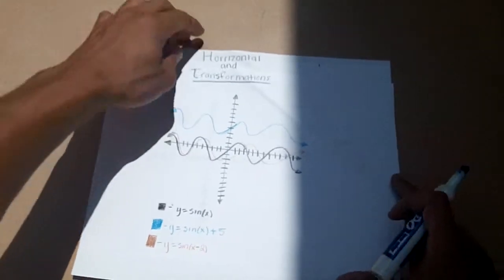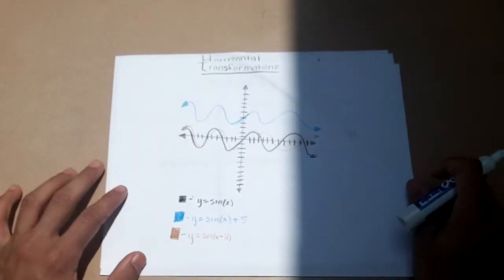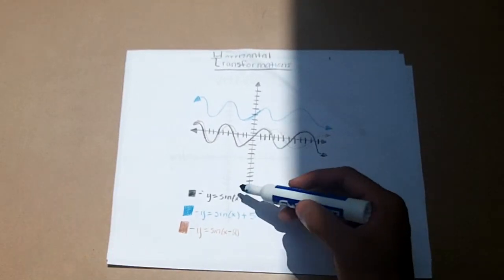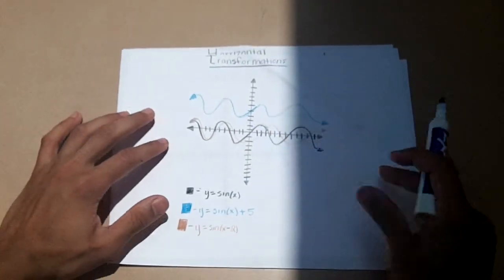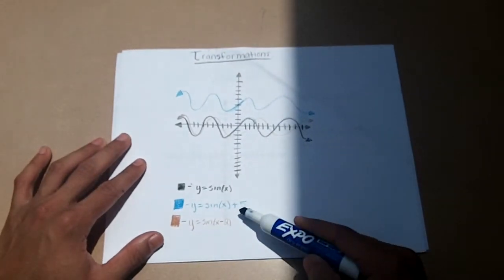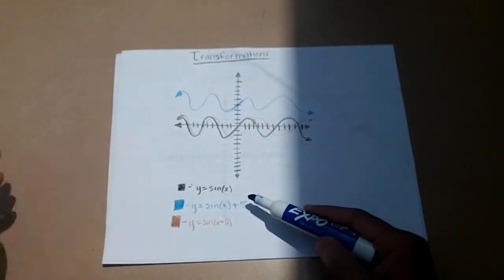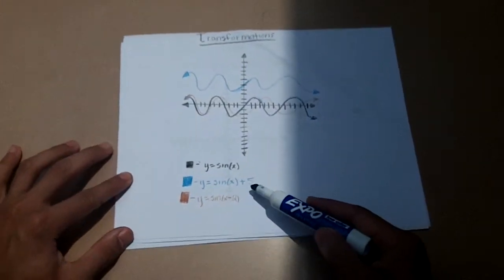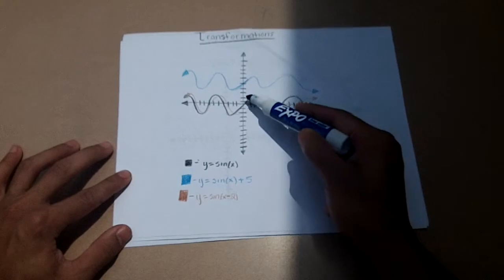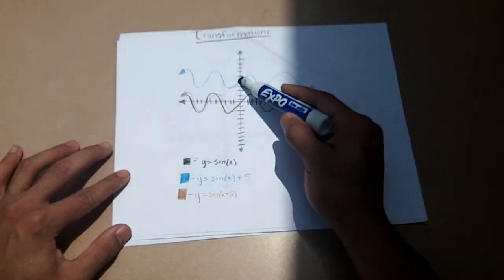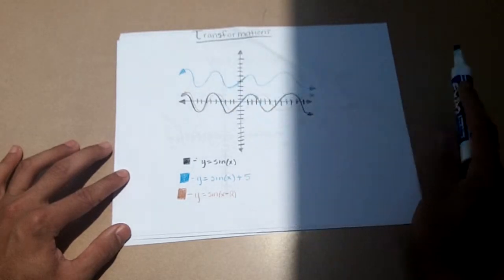Next is the transformations. As you can see, the black right there is the regular toolkit function. The one in the blue is transformed up 5 places. As you can see, the +5 right there, and all you have to do is move up 5 places. 1, 2, 3, 4, 5, and that's how I got the blue one.